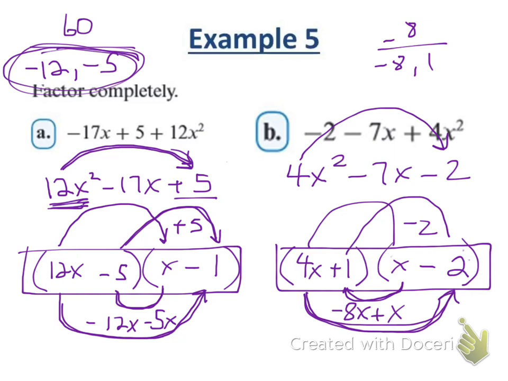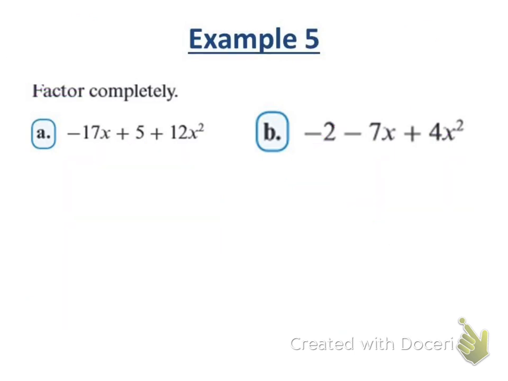Let's do one more. This is the last example that's written here, but let me give you one to work. Maybe one that has a few more options. Let's do 6x squared minus 13x minus 8.